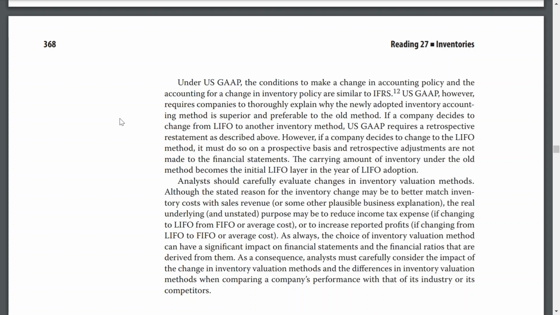However, if a company decides to change to the LIFO method, it must do so on a prospective basis, and retrospective adjustments are not made to the financial statements. The carrying amount of inventory under the old method becomes the initial LIFO layer of the LIFO method.